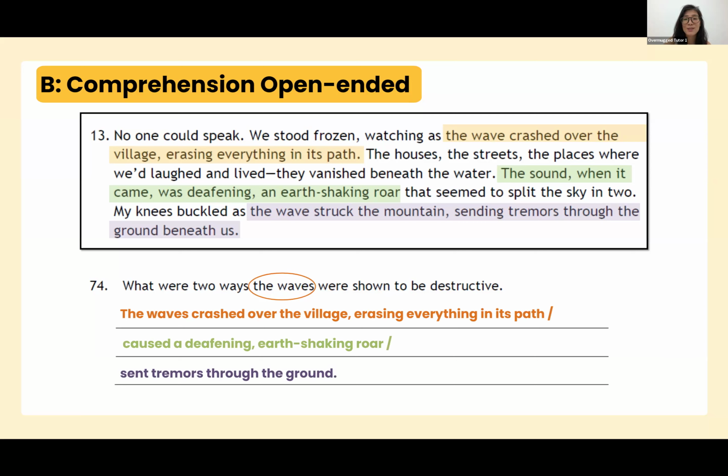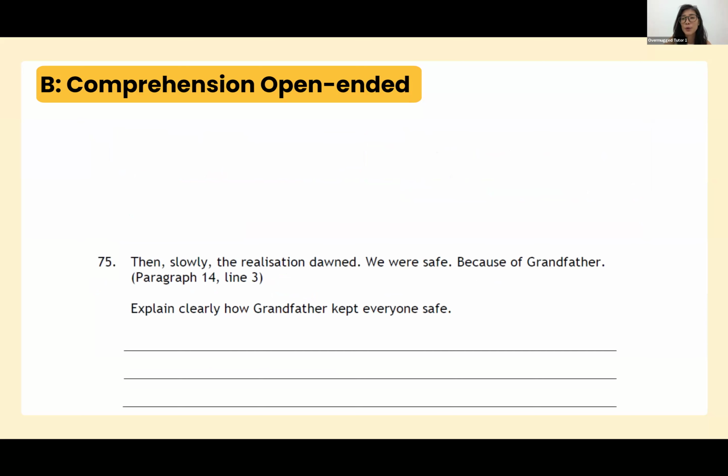And that brings us to our final question, question 75. Question 75 is purely an inference question, which is quite straightforward, but you do have to paraphrase. Can you explain clearly how grandfather kept everyone safe? The keyword here is how, so you must tell me what were the steps or the process.